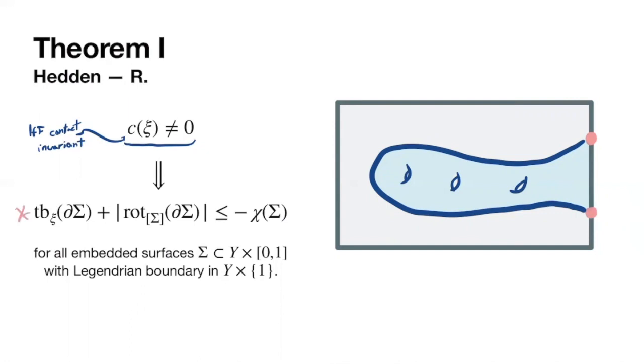So this is the same inequality that I had on the previous slide, except now we're allowing surfaces in Y cross I, Y cross [0, 1], not just in Y, and they should still have Legendrian boundary in one of the endpoints. So here's a schematic picture. Here's Y cross [0, 1]. Here's my surface sigma. Over here, I have boundary sigma, and this is Y cross 1.